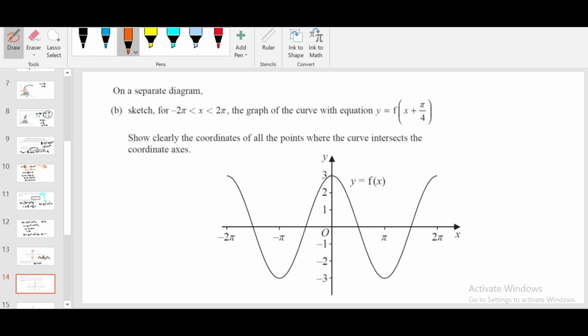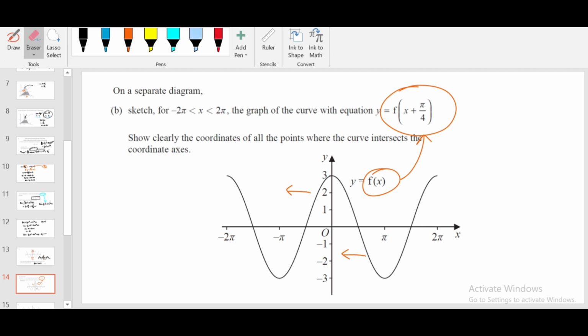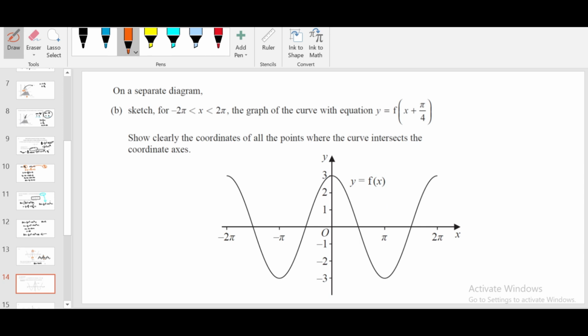First of all, you need to know what transformation this is. In f of x, the x is being replaced with x plus something. If it's x plus something, the graph will be moved to the left side pi over 4 units. So what I'm going to do, this is pi over 2 actually. I'm going to put pi over 4 here.